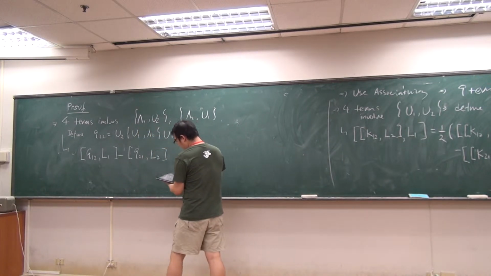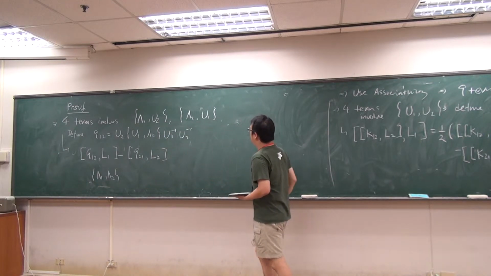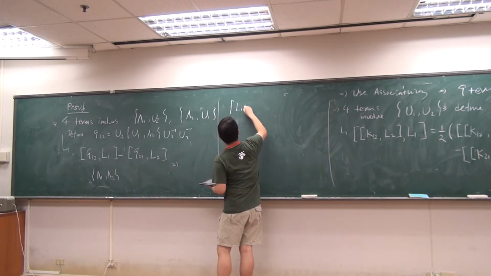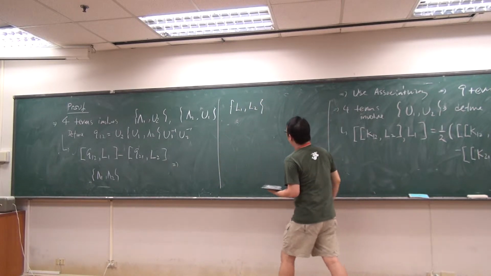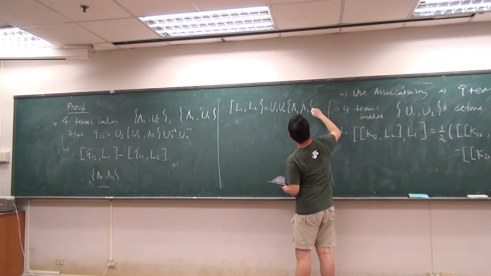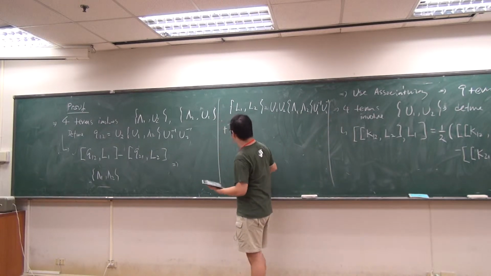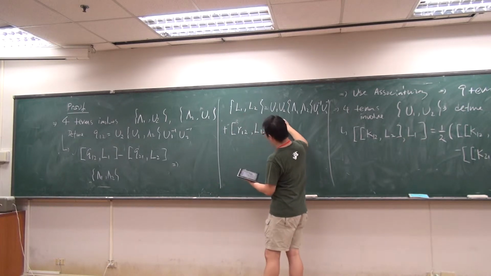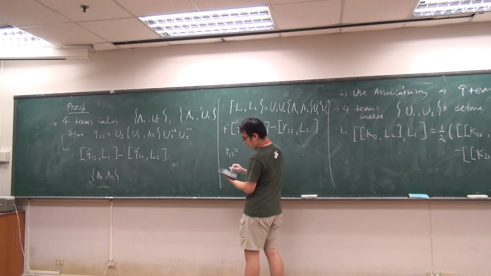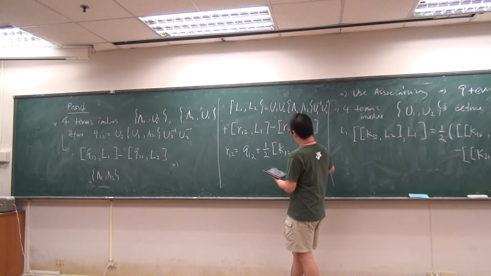And finally, there's a term simply involving the Poisson bracket of lambda 1 and lambda 2, the eigenvalues themselves. So if you evaluate the Poisson bracket of L1 and L2, it is equal to U1, U2, the Poisson bracket of lambda 1, lambda 2, U1 minus 1, U2 minus 1, plus the R matrix equation, R12 L1 minus R21 L2, where the matrix R12 is basically equal to Q12 plus L2.